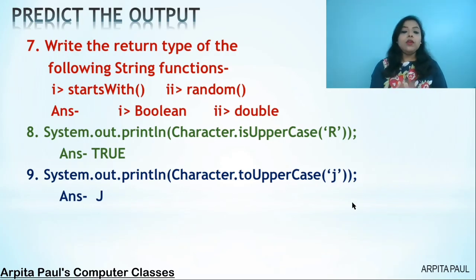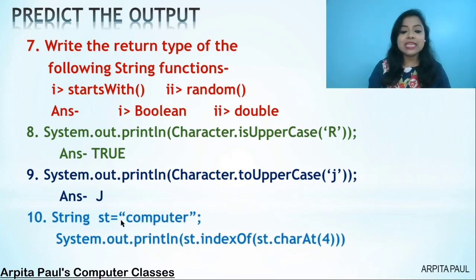Okay, now let's see the next one, String st equals computer. So here I am declaring one string type variable st, which contains the string computer, and now I am printing System.out.println(st.indexOf(st.charAt(4))). If this type of question is given, what are we supposed to do?